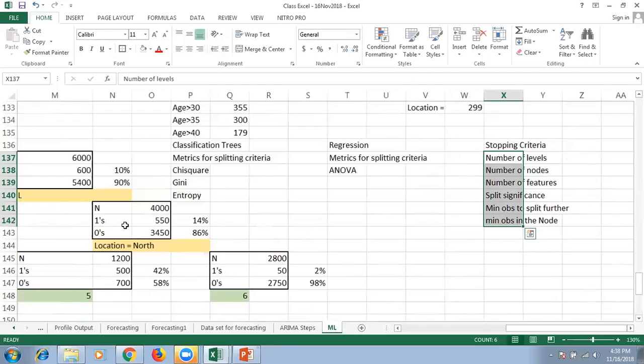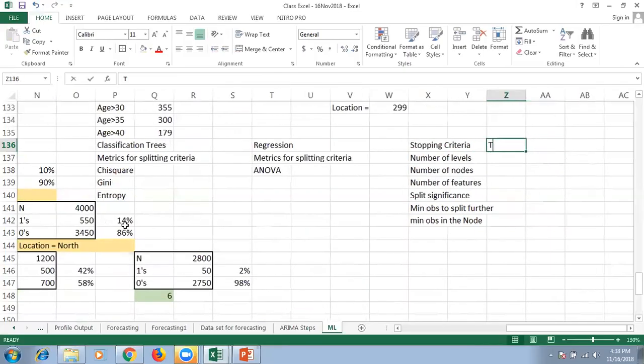These are all our tuning parameters for decision trees. So indirectly, the objective when building the model is to find the values of these tuning parameters which give me the most accurate decision tree.